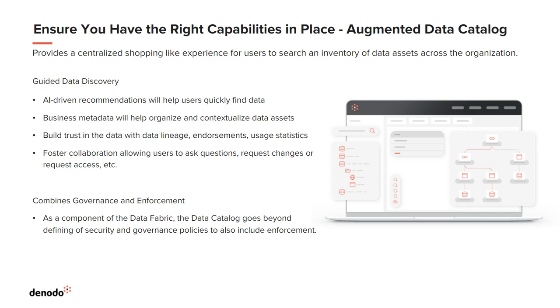Another key aspect is that you have data catalogs that are standalone, not necessarily part of a data fabric, but as part of a data fabric, you're not only providing the ability for users to come and find the information, but you're also providing the capability to deliver that data as well. By combining those capabilities, you not only allow for the definition of the different data security and governance policies, but also the enforcement.